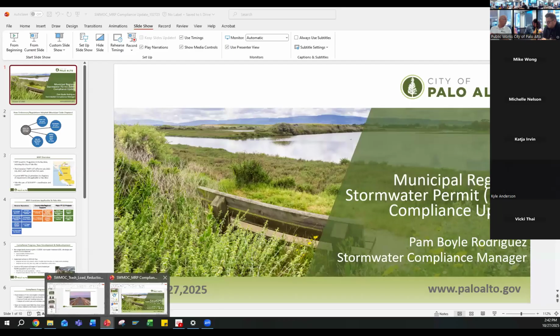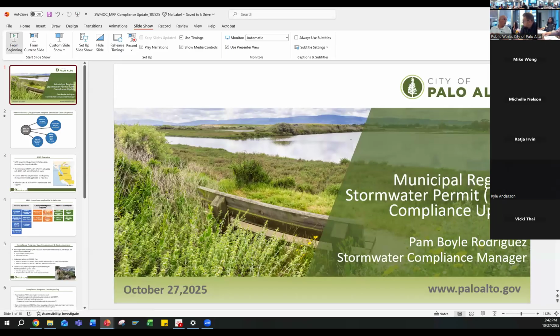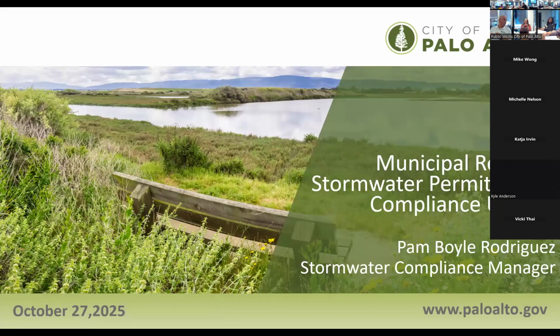Hi, Pam. I notice on our agenda item, it's called an NPDES permit. Given the oddities going around the federal laws, is this also being driven by state requirements? So it's a state permit, the municipal regional stormwater permit out of the state board, but it also always gets checked by the EPA.